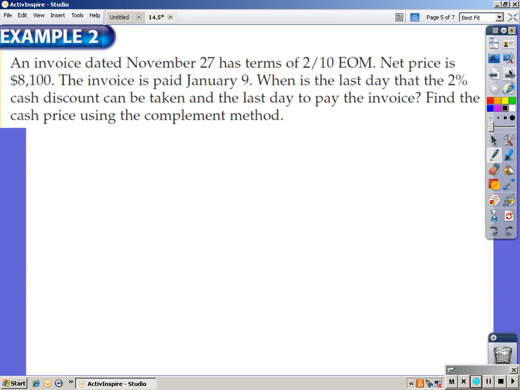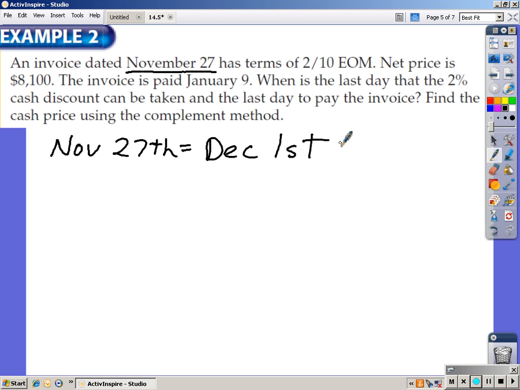With this problem, since my date on the invoice is November 27th, this is the second rule. Anything dated the 26th or after in the month automatically goes to the next month. So basically what that means is November 27th for this problem is equal to December 1st in the eyes of the company that produced the invoice.